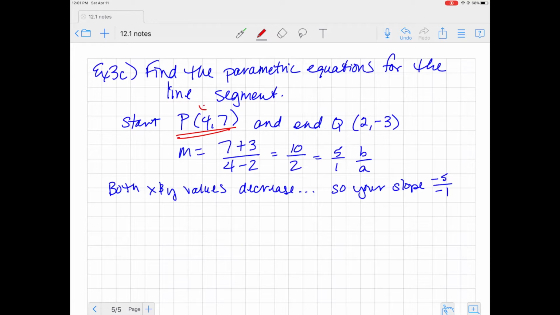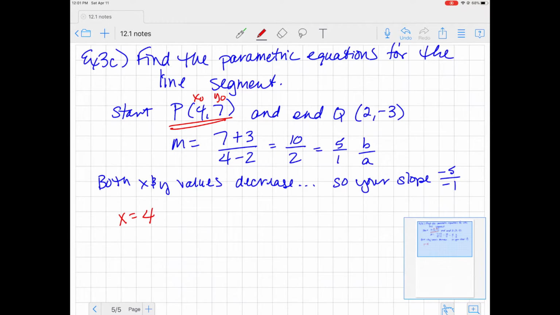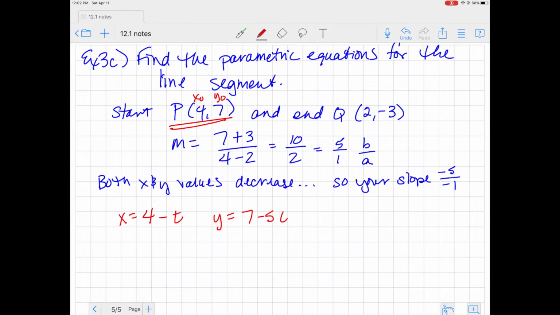So this is going to be my point, X naught, Y naught. All right, so here I have X is equal to 4 minus T. Y is equal to 7 minus 5T.